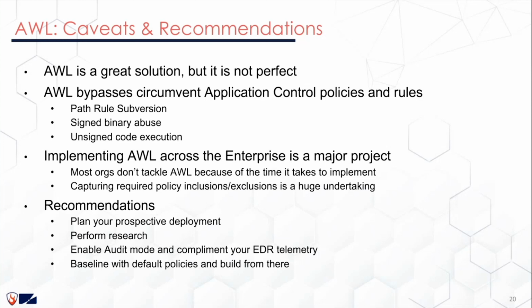If you Google AppLocker bypass or WDAC bypass, you'll see some really great research where researchers have discovered methods for circumventing rule sets. There are gaps in rule sets in implementation, which is how you set your policies. If there are too many deny rules, there might be gaps in path rule subversions, or you might have missed something that could be abused.